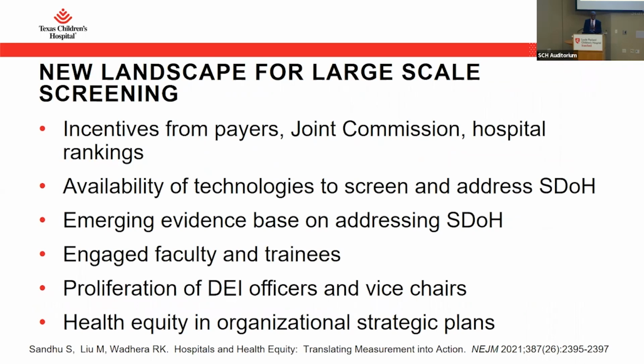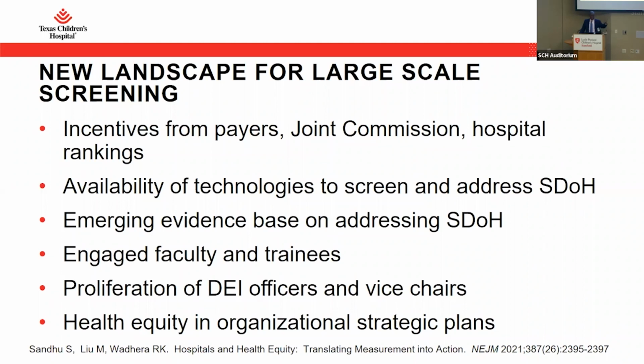So now, think about this new landscape. You have incentives from payers, from the Joint Commission, hospital rankings. You have the availability of technologies to screen and address social determinants of health, all these online platforms. You have emerging evidence that addressing social determinants of health could improve outcomes.